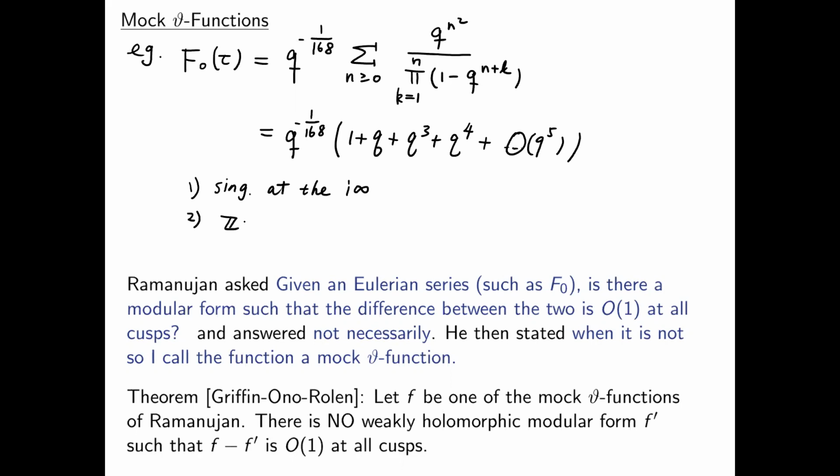Also, it has nice integral coefficients. And third, just like the j function, or even better, it has very slow growth in its Fourier coefficients. Actually, after the fifth power, you will see a non-trivial coefficient. Not everything is one, but it grows slowly.